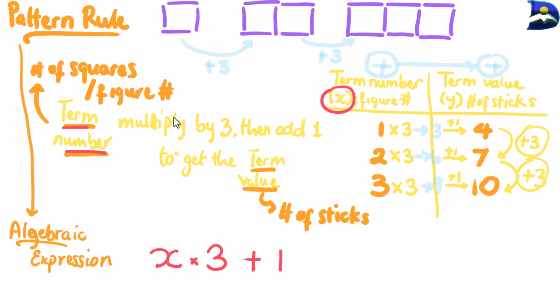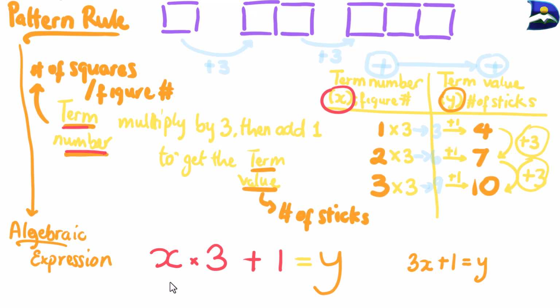We are going to get, which is equal to what? Our term value, which is the number of sticks expressed as y. This is also written as 3x plus 1 equals y.